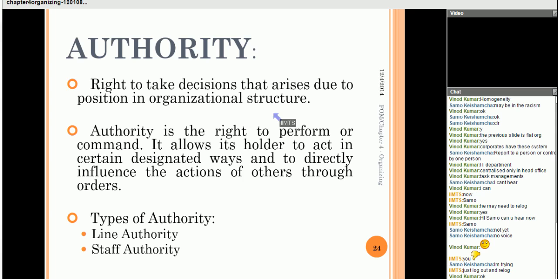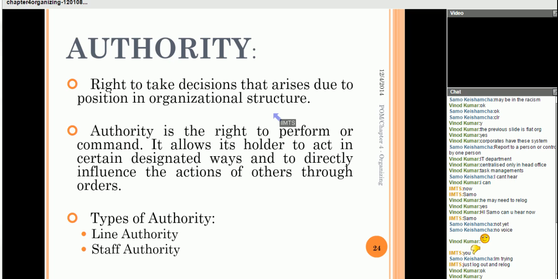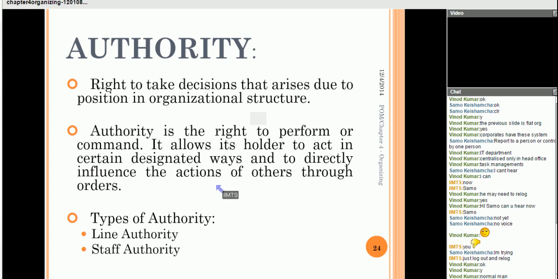You get the authority just because of the profile which you are holding, isn't it? The day you leave the profile, you will not be holding any responsibility. Yes, you will be a normal man then.